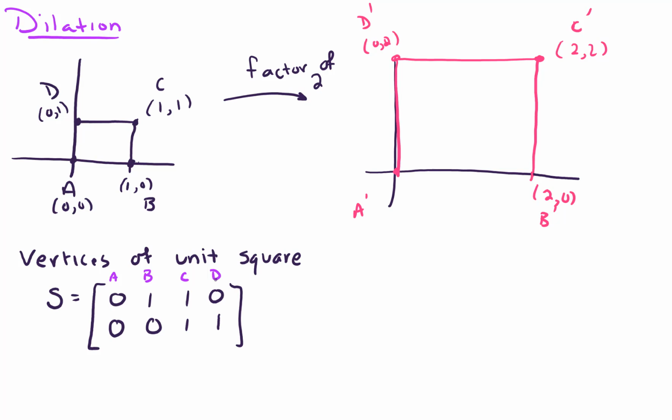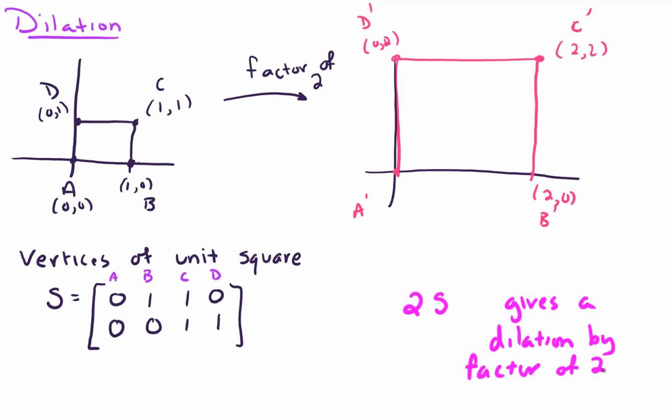And this action of multiplying by a factor of 2, or dilation by a factor of 2, can be accomplished by 2 times S. So this gives a dilation by a factor of 2.